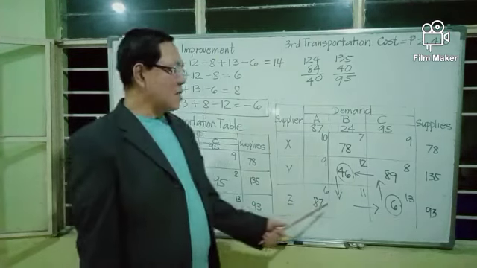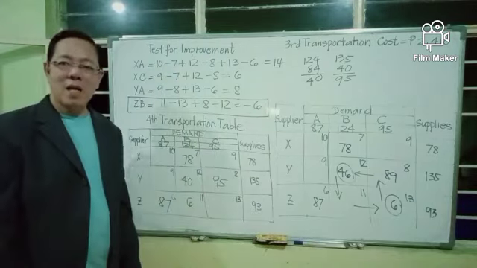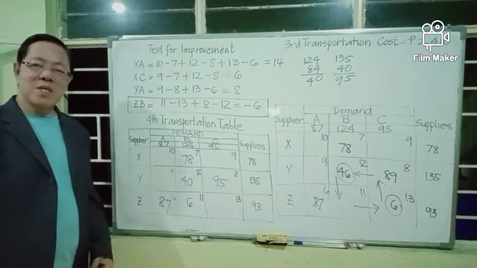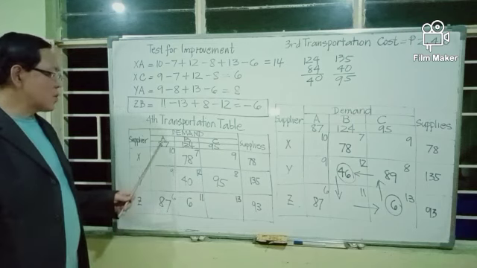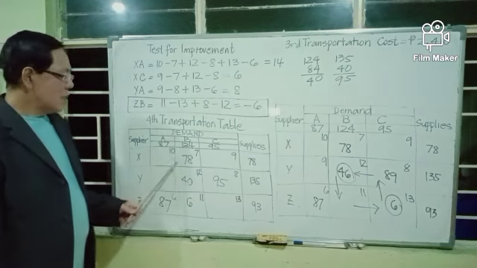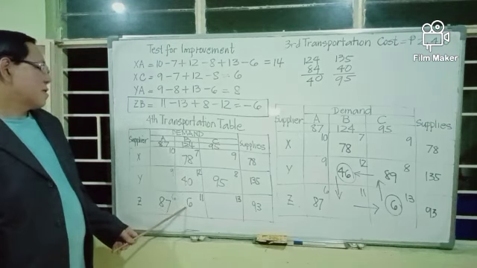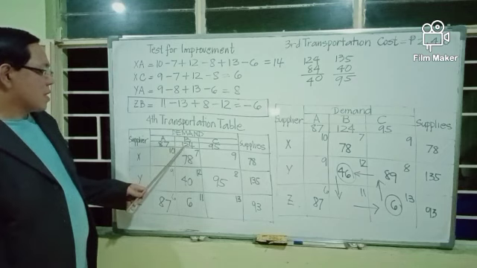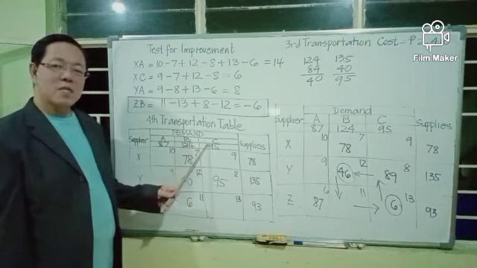Now we check if we still have a balanced transportation table. Add the numbers vertically. 0 plus 87 should be equal to the demand of A. 78 plus 40 plus 6 is 124. 0 plus 95 plus 0 is 95.